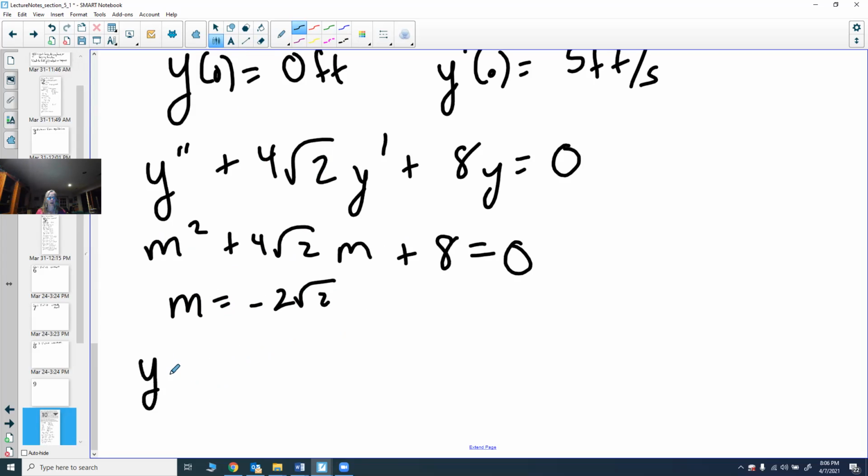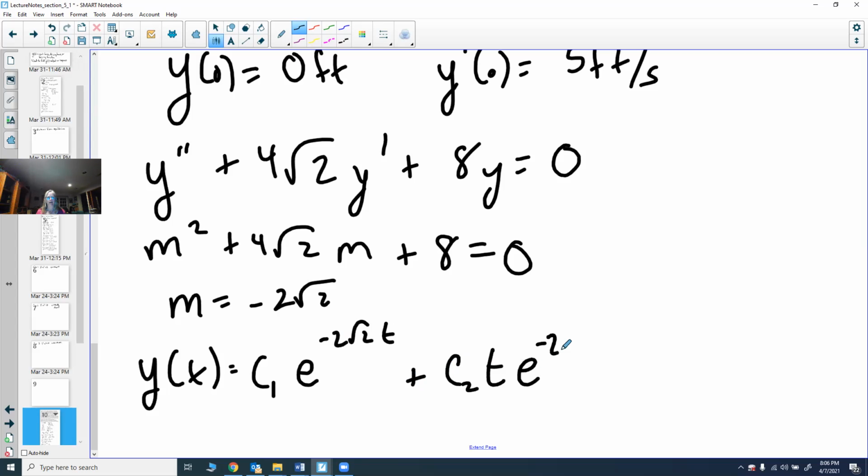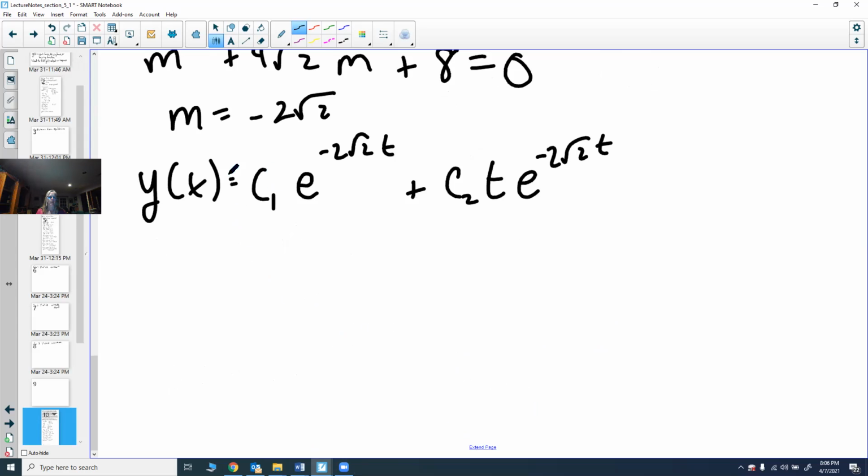That tells me my y of t is c1 e to the minus 2 square root of 2 t plus c2 times t e to the minus 2 square root of 2 t. I need to find out what my c1 and c2 are.